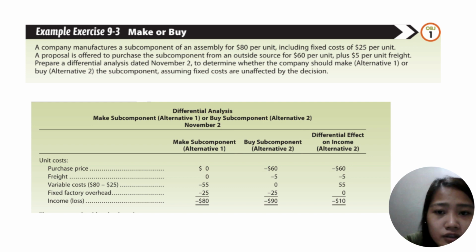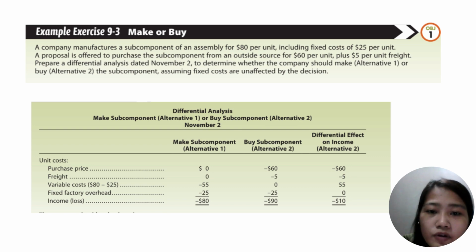A proposal is offered to purchase a subcomponent from an outside source for $60 per unit, plus $5 per unit freight. So we prepare a differential analysis dated November 2 to determine whether the company should make or buy the subcomponent, assuming fixed costs are unaffected by the decision.